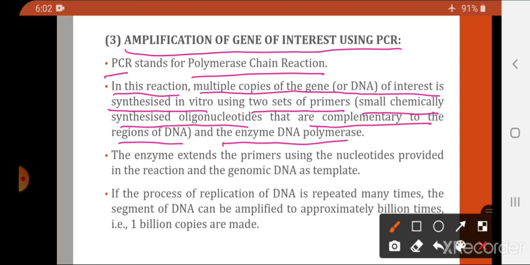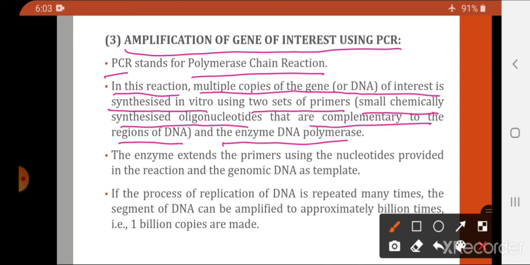They will be complementary to the template DNA, or you can say they will be complementary to the gene of the interest. अभी ये जो primers बनाते हैं, these primers, they are synthesized in the laboratory and they are called as the oligonucleotides. Oligonucleotides यानी they will be the short chain. वो बहुत सारे nucleotides नहीं होंगे, 5 to 10 nucleotides का primer होगा, that is called as the oligonucleotide.